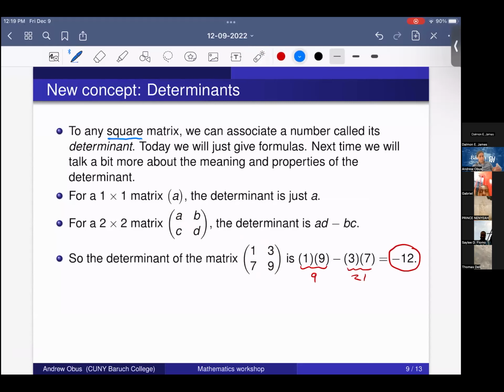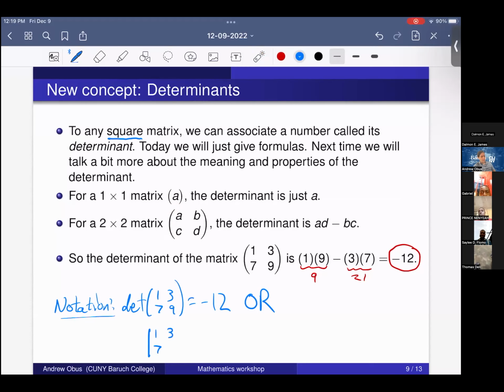Just a matter of notation for the determinant: we would write either that the determinant of 1, 3, 7, 9 is equal to minus 12, or you can also write the matrix, but instead of using parentheses or square brackets, you just use straight lines. If I write 1, 3, 7, 9 with just lines and no brackets and no parentheses, then that actually means determinant.